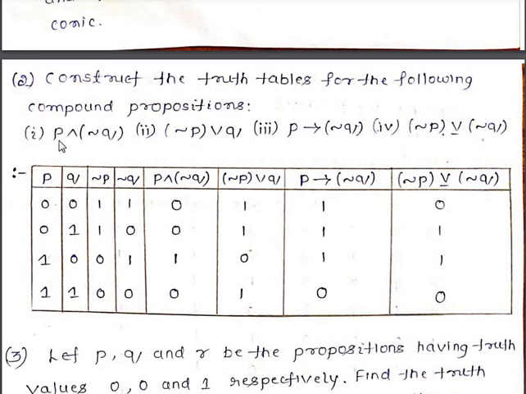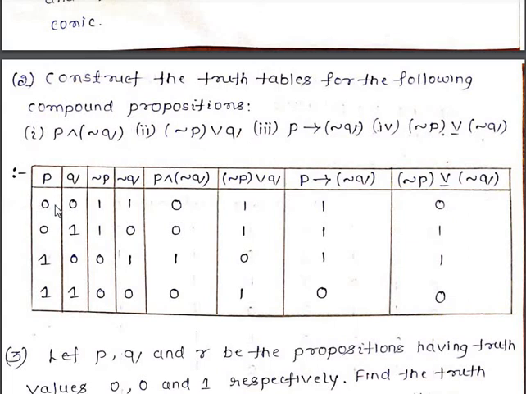The first one is P conjunction negation Q. Here two variables are used, P and Q, and we also require negation Q. So we have taken P, Q, negation P, negation Q, and whatever problems they have given, we have substituted here.